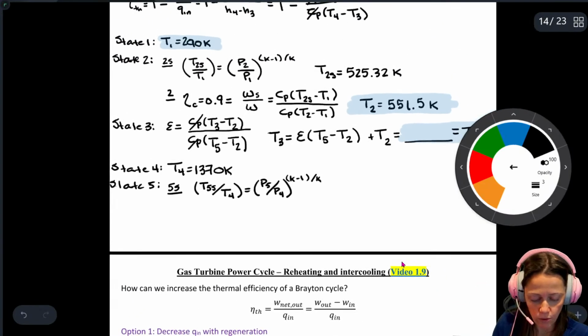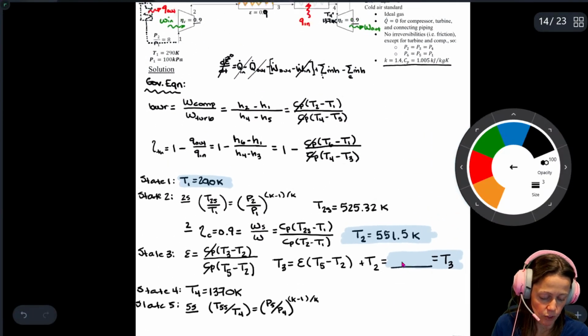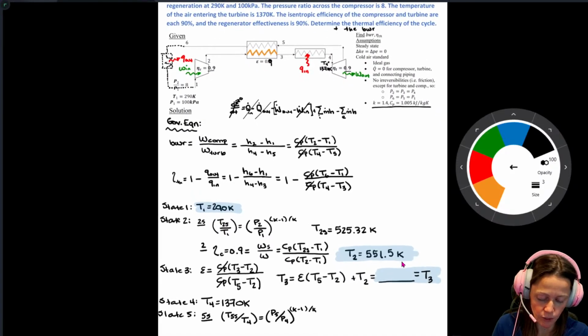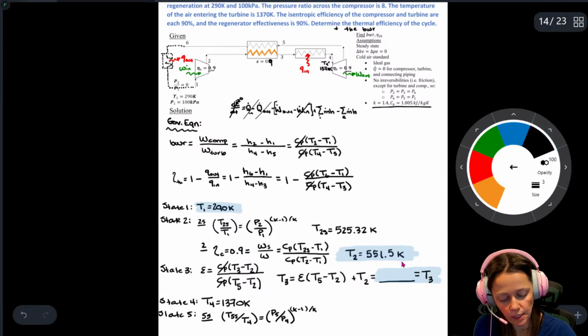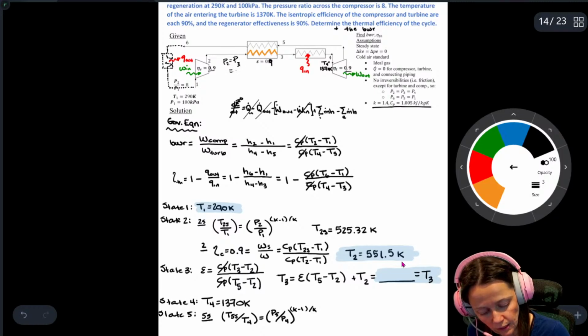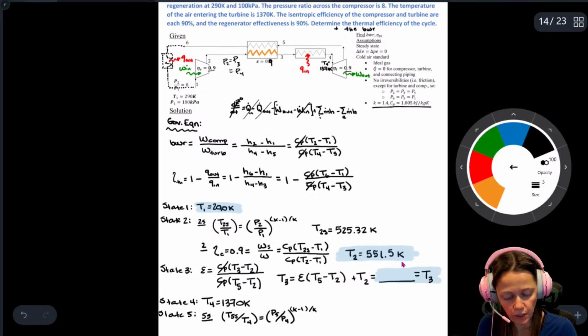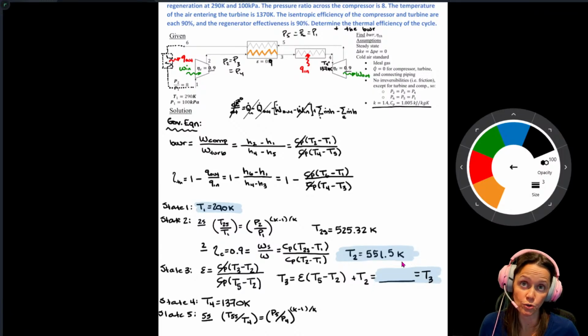One thing we'll notice here is the pressure ratio they give you, P2 over P1. Because there are no pressure drops, P2, P3, P4 are all equal to one another, and P5, P6, P1 are all equal to one another. You don't have any pressure drops across the piping of those heat exchangers.